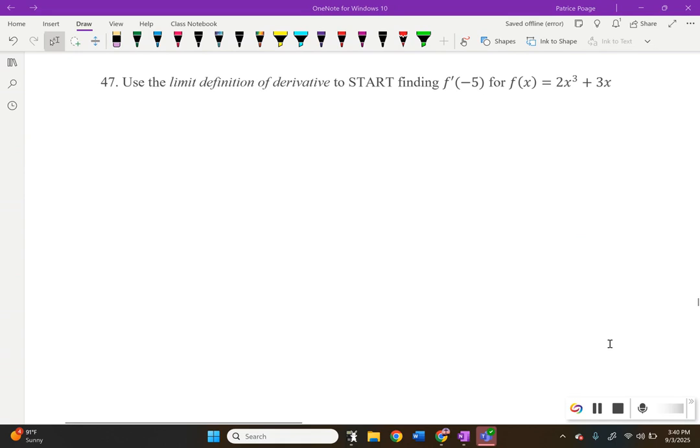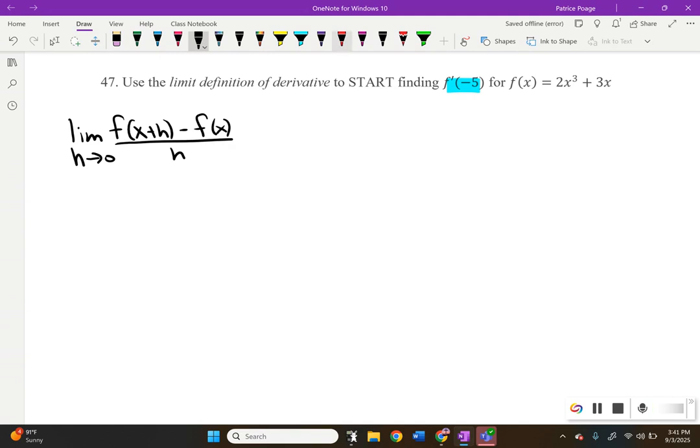So number 47, use the limit definition of derivative to start finding f prime of negative 5. So that's the derivative at negative 5. So I'm going to start by writing the limit definition of derivative, which is the limit as h approaches 0 of f of x plus h minus f of x over h.